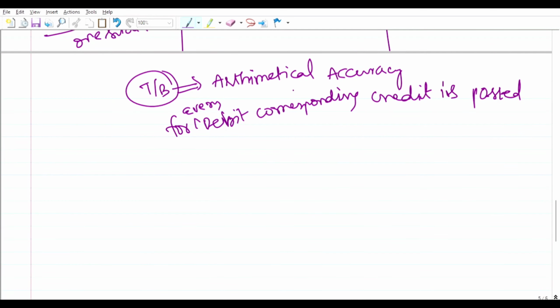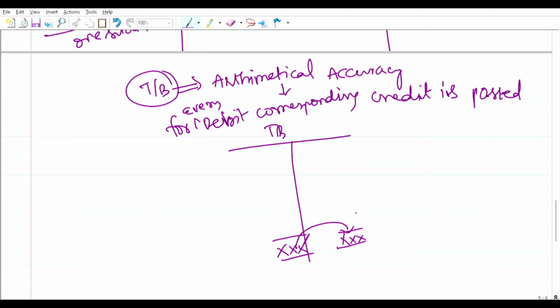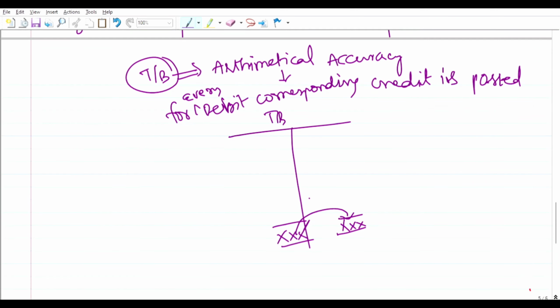That is what arithmetical accuracy deals with. That means if you take this as trial balance, this is the debit side and this is the credit side. These both will be tallied at the end of the preparation of trial balance. So for every debit, the corresponding credit is posted. With that only, the trial balance will be tallied.